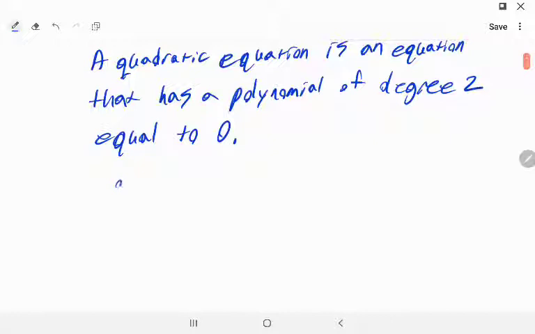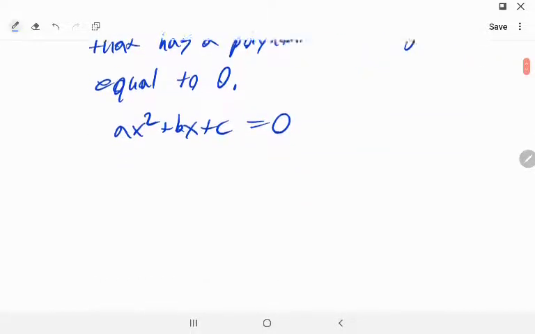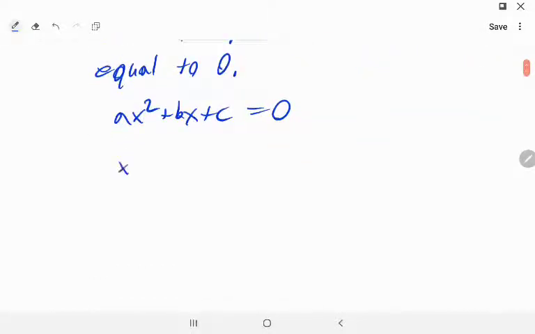In general we can say ax squared plus bx plus c equals 0. So if we said x squared plus 4x plus 3 equal to 0, that is a quadratic equation.